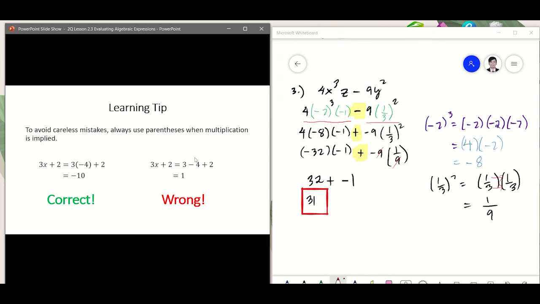Because if you don't, it will look like this one. You might be thinking of it as 3 minus 4, which will give us another result. So instead of negative 10, you will arrive at an answer which is 1. Because you subtracted 3 and 4 instead of multiplying 3 with a negative 4.